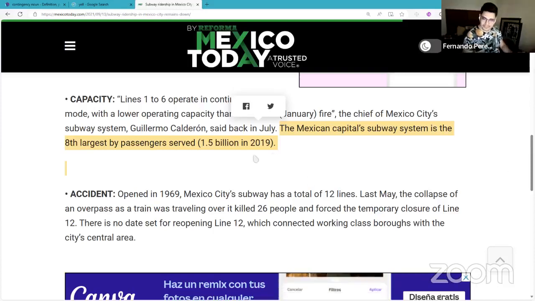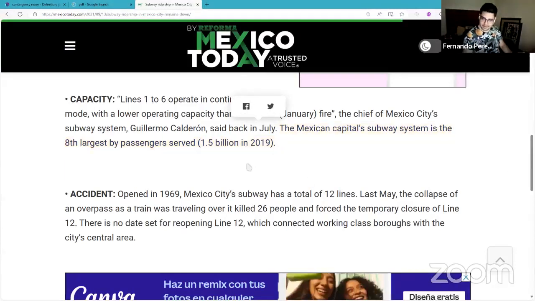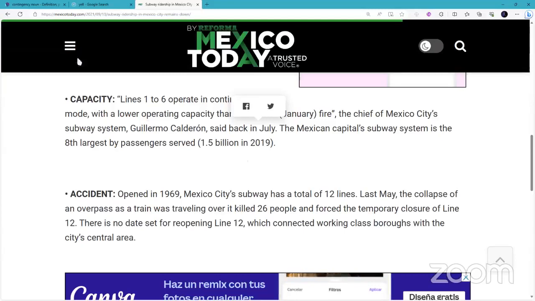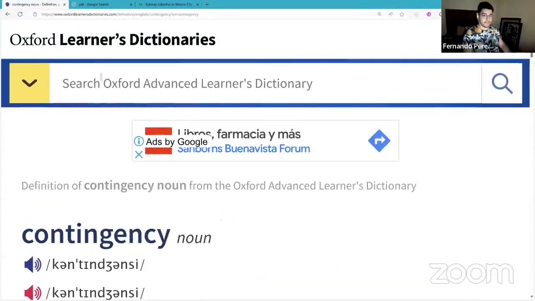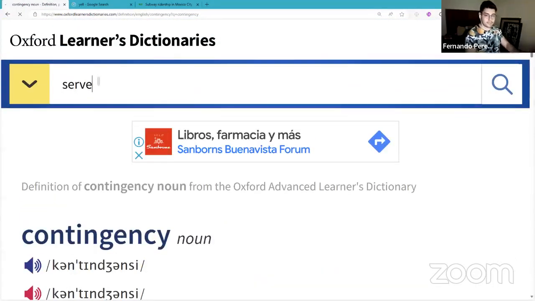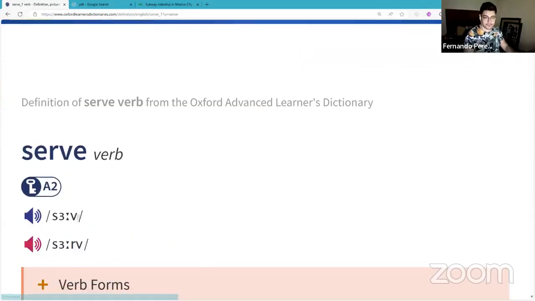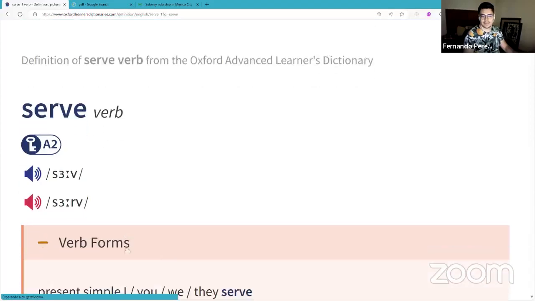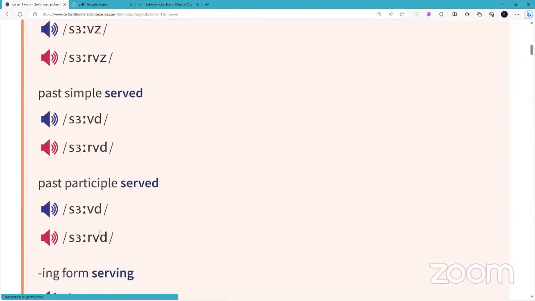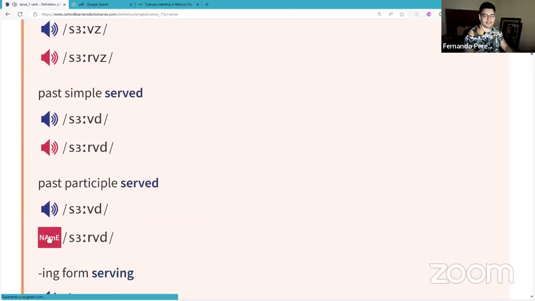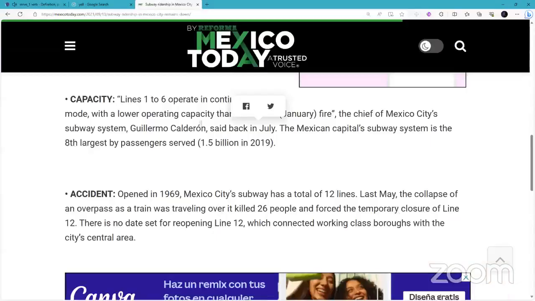What happened to the passengers? Served. When you have a verb that ends in v, the ed sounds like d. So what is the past? Served. Exactly. Served.